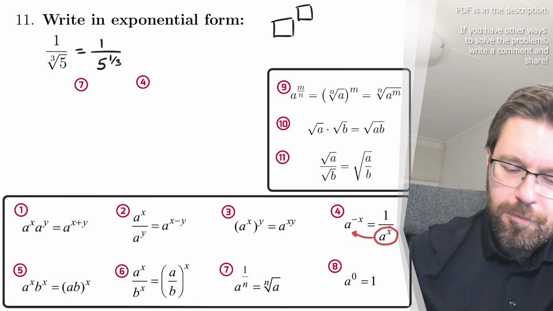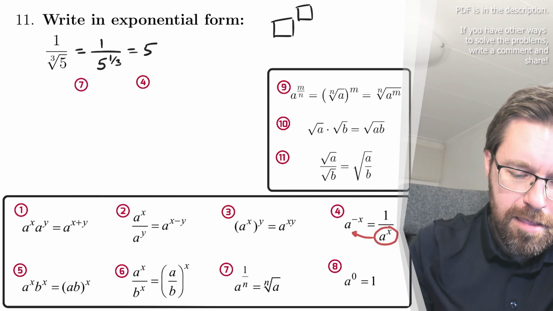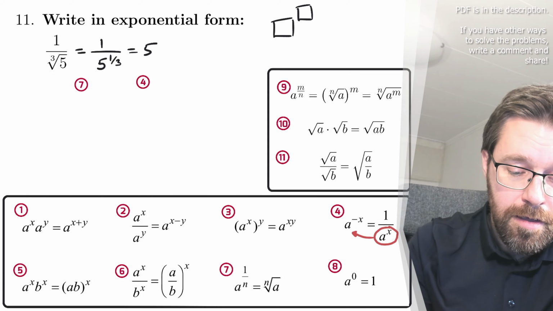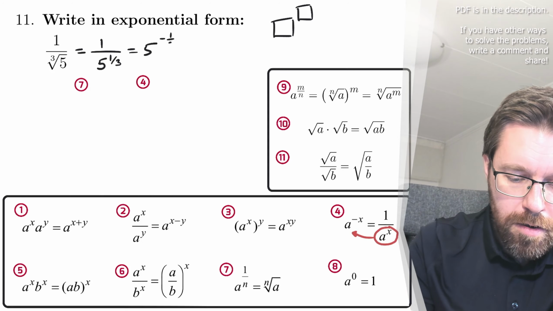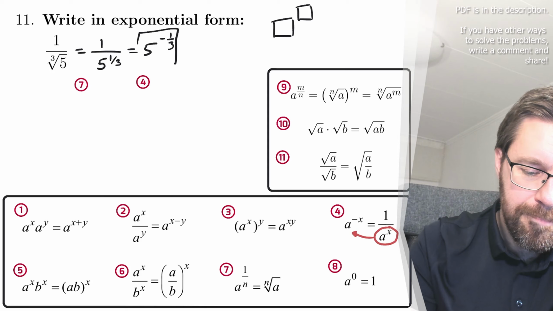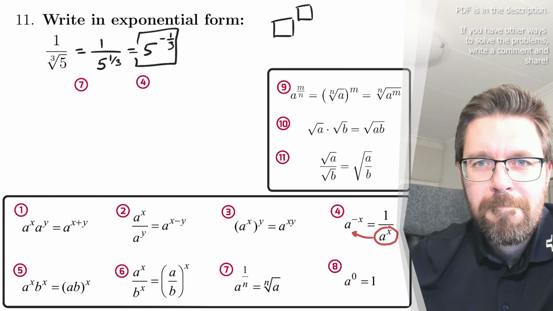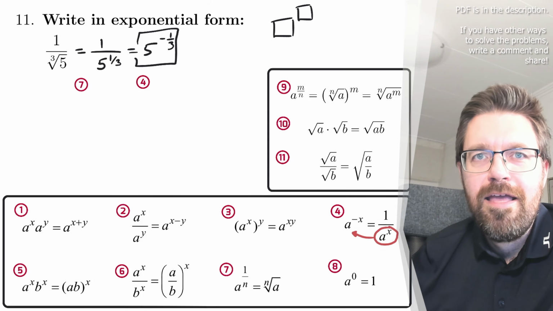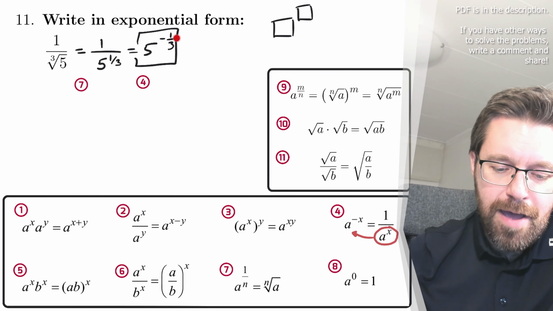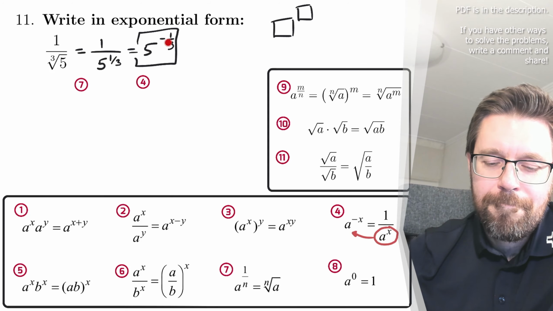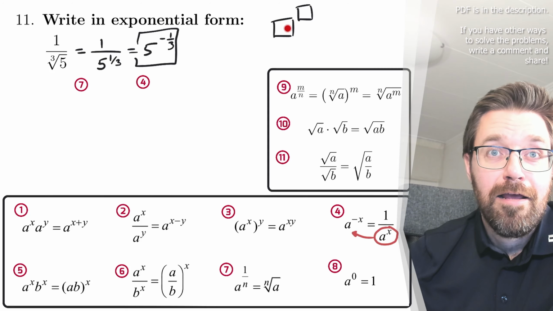So we can move this and write it like this, 5 raised to the power of, and then we put a minus sign in the exponent, so minus 1 over 3. And this is the answer. Then we have written it in exponential form, as 5 raised to this whole bit here. And it's exactly like this.